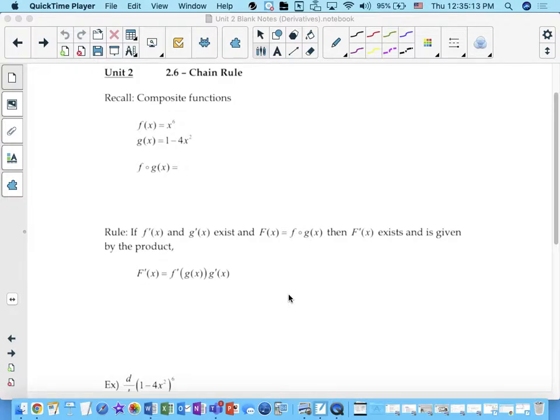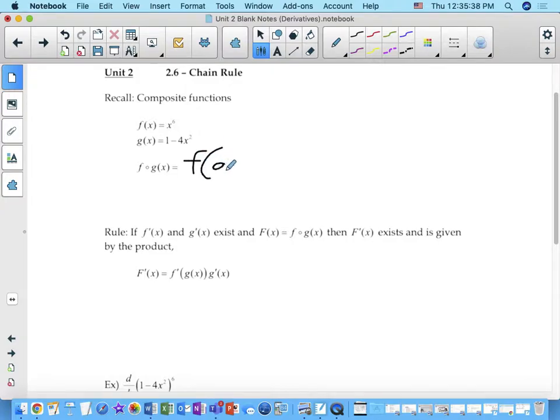Okay, so let's suppose f of x equals x to the 6, and g of x equals 1 minus 4x squared. Okay, this over here kind of looks like fog, but it's f with a little circle, g of x. That would be written as f of g of x.